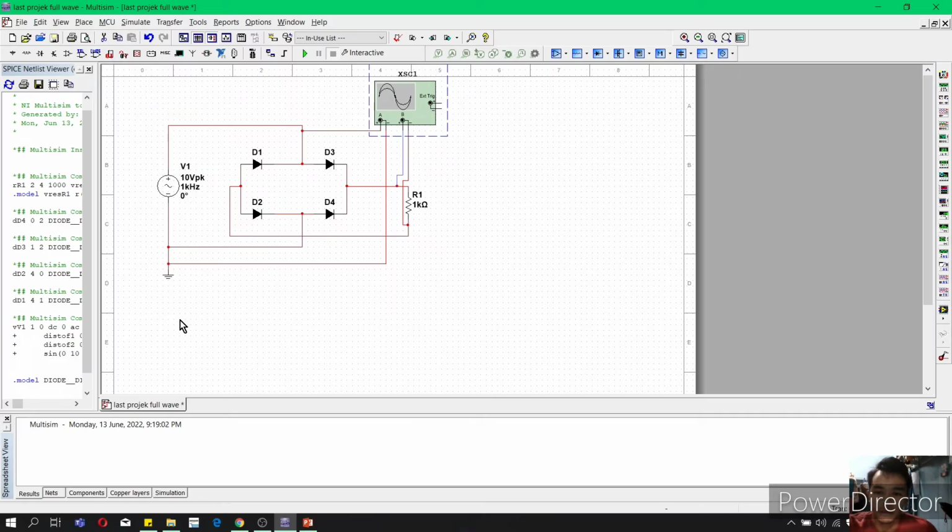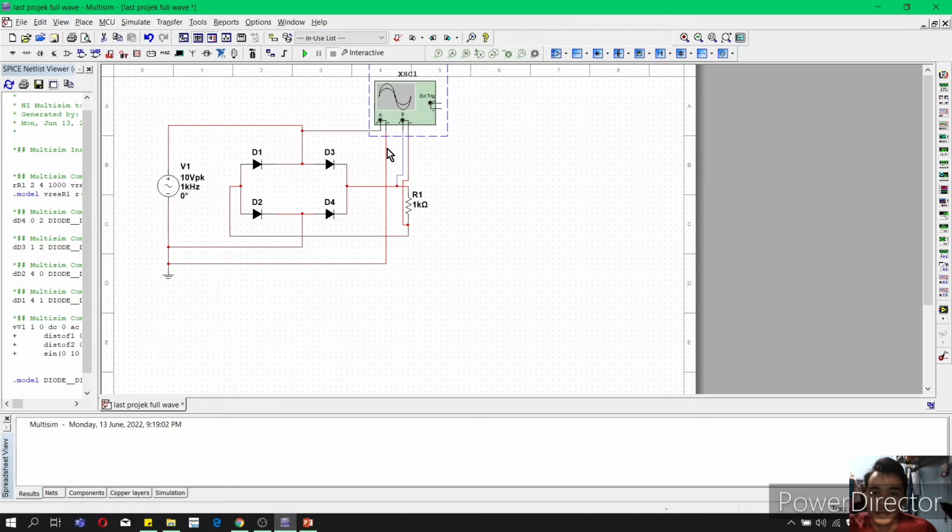For the full wave, I use 10 volt and 1 kHz for the power supply. I use 4 diodes and 1 resistor, which is 1 kilo ohm. For this full-wave rectifier, I use an oscilloscope and it has two channels, A and B. For channel A, the positive terminal I connect between the power supply and diodes D1, D3.